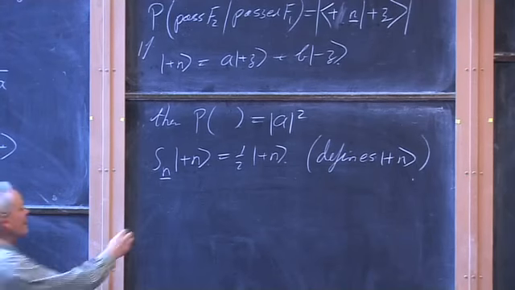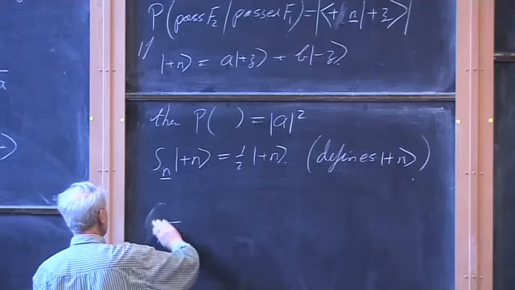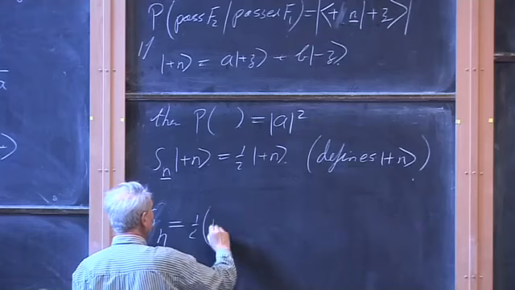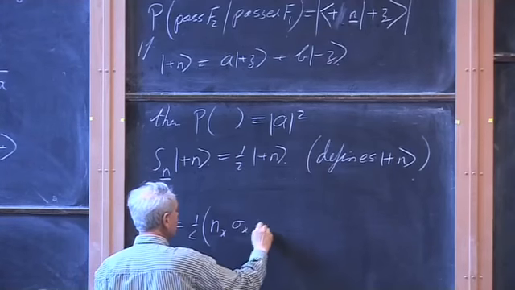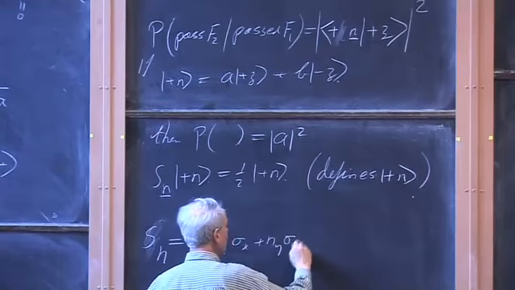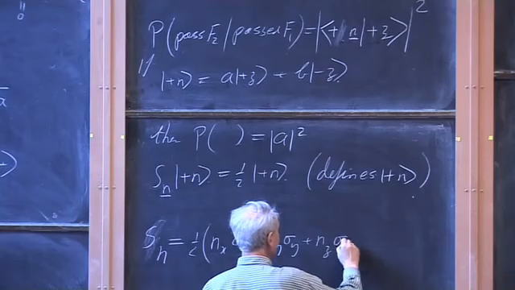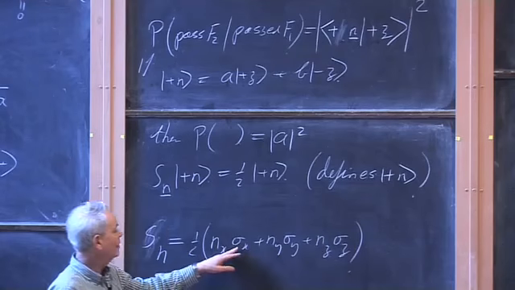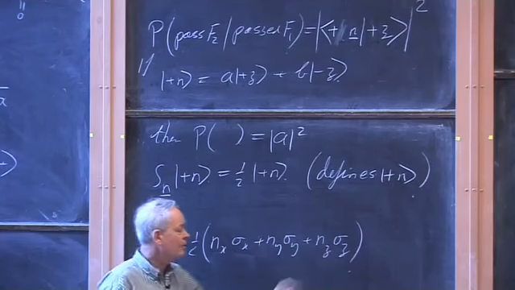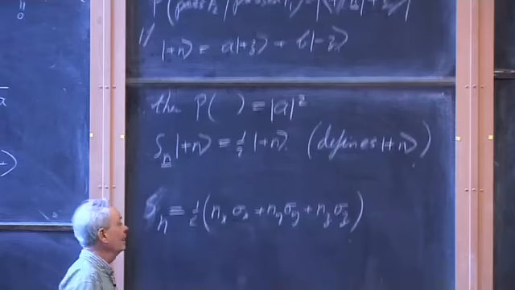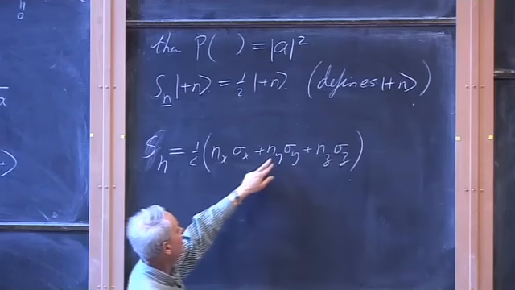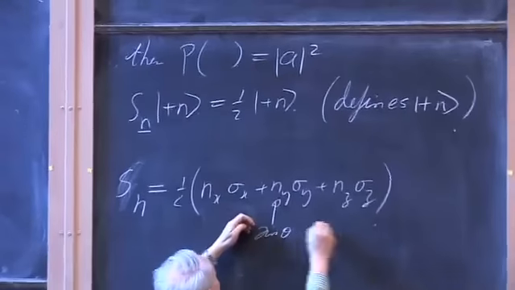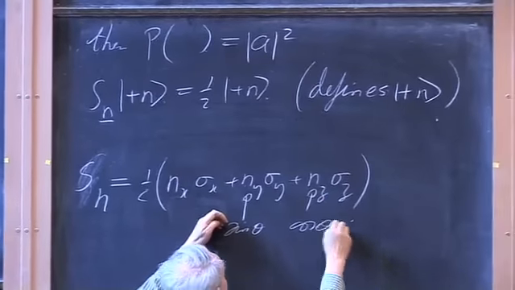Find it, because what is Sn? Sn is equal to a half of nx sigma x plus ny sigma y plus nz sigma z. Sort of a dot product between the unit vector n and the vector made up of the three Pauli matrices. Well, nx is 0, so basically we've got ny, which we agreed was going to be sine theta, and nz, which we agreed was going to be cos theta.